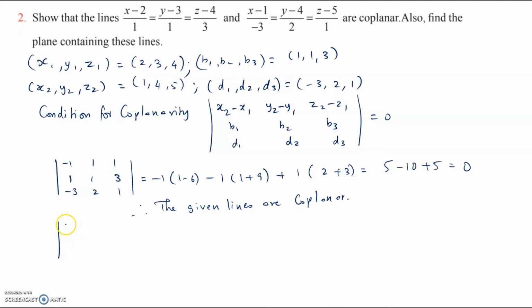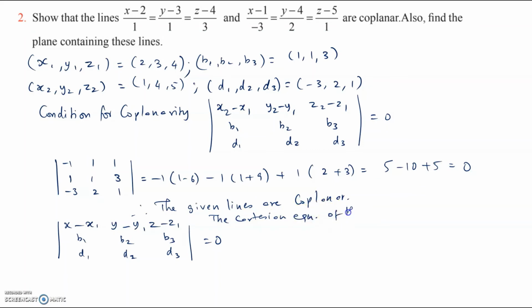Now for the Cartesian equation of this, it can be x minus x1, y minus y1, z minus z1, b1, b2, b3, b1, b2, b3 is equal to 0. So this is the Cartesian equation of the plane, which contains these two lines.